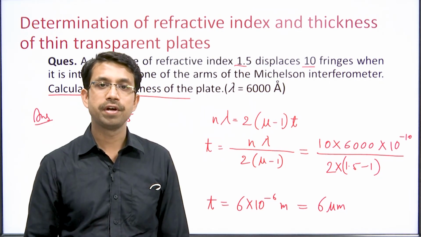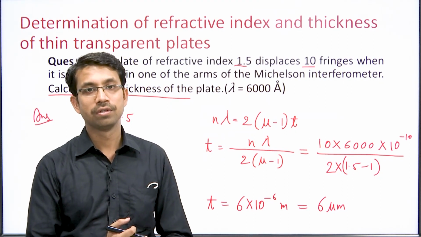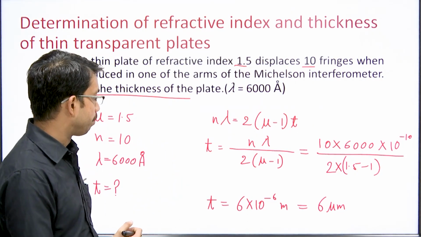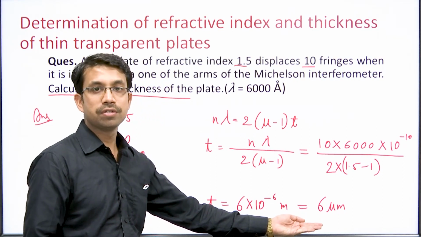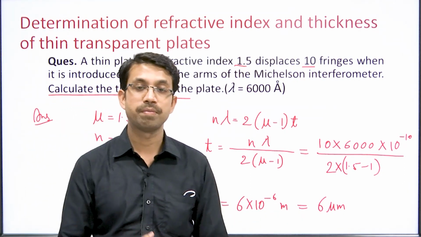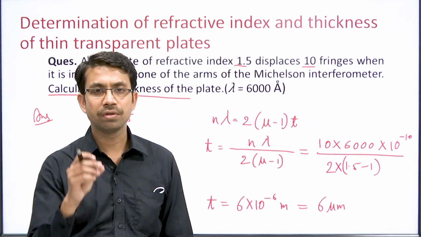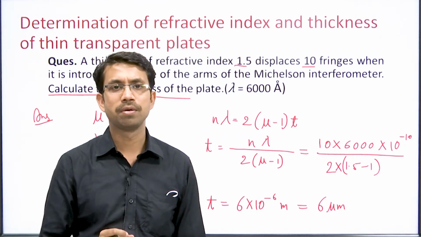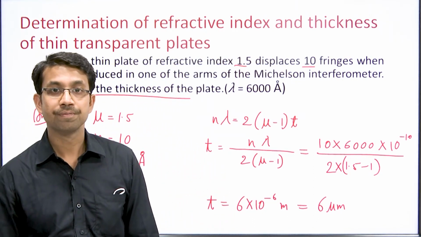So, in this way we can find out the unknown thickness of transparent plates. Fine. So, as you can see, the thickness of this plate is very less, in micrometers. So, the resolution of Michelson interferometer is very high, and we can find out the thickness of very thin transparent plates, very thin. Okay. Let us move forward.